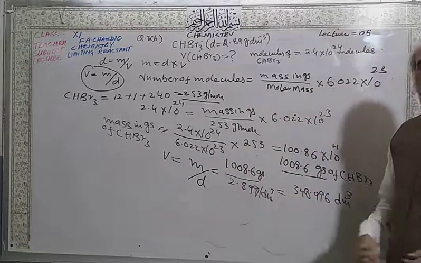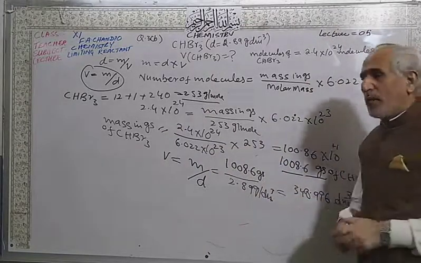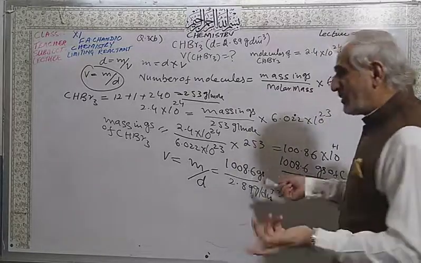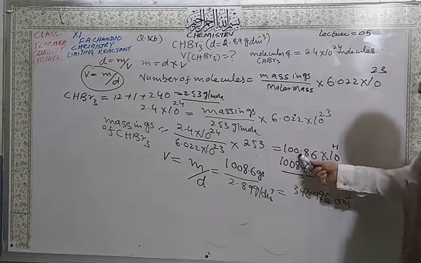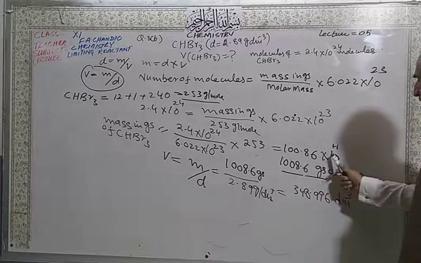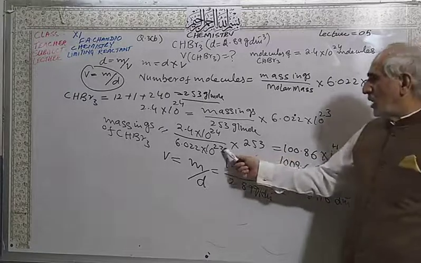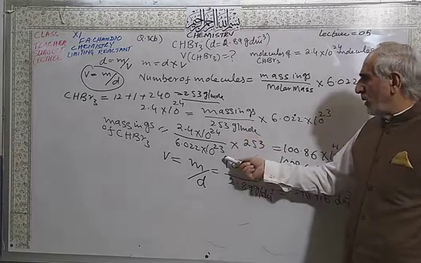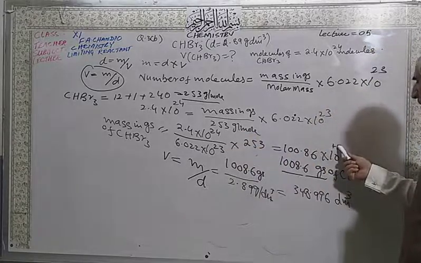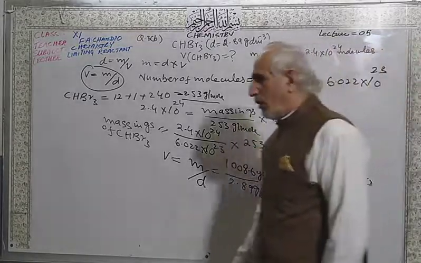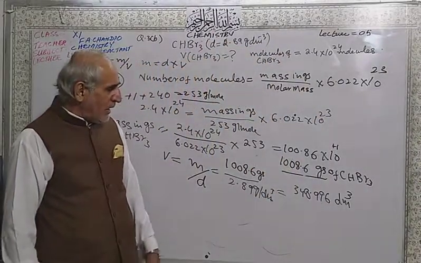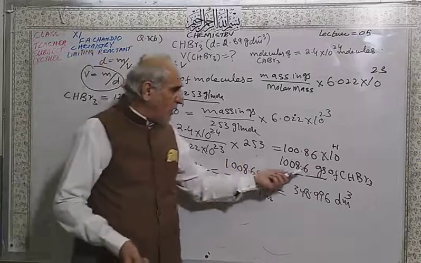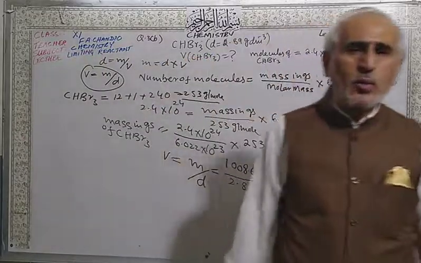You have to calculate it yourself also and confirm it. Don't make mistakes. When you calculate it, this comes 100.86 into 10 raised to power plus 1, because 24 minus 23 you will get plus 1. So I change it into a whole number, 1008.6 or 9, like this, grams of tribromomethane.